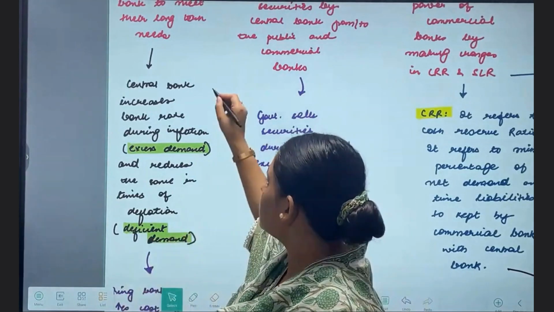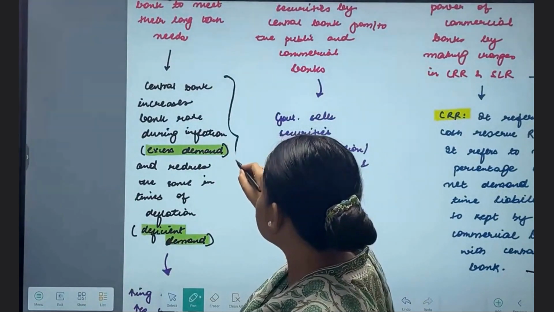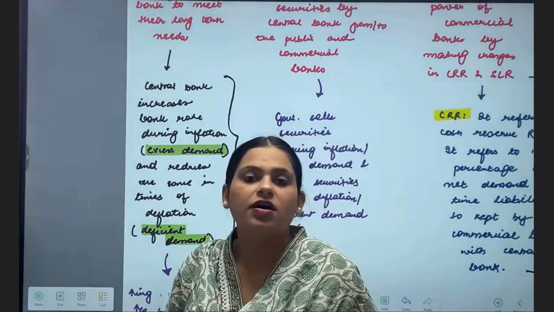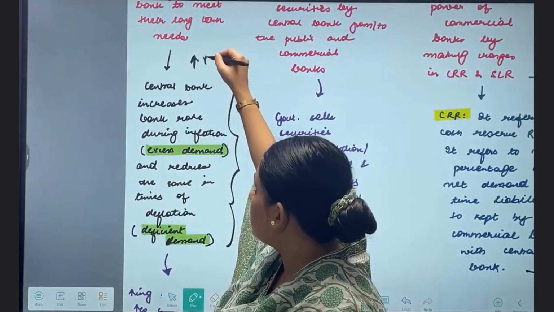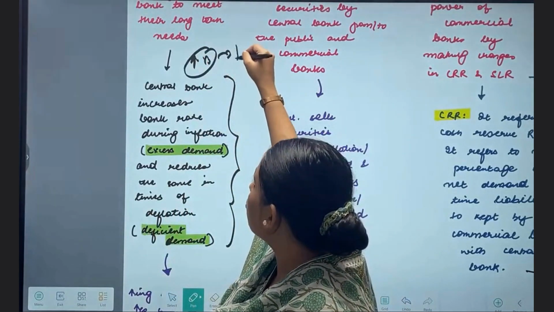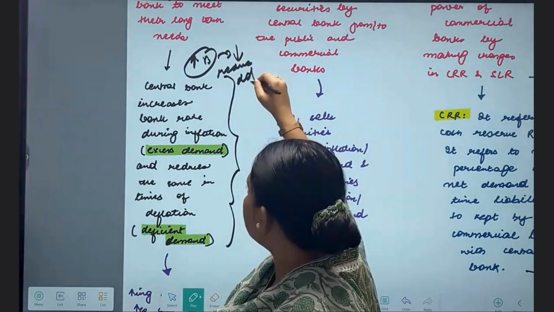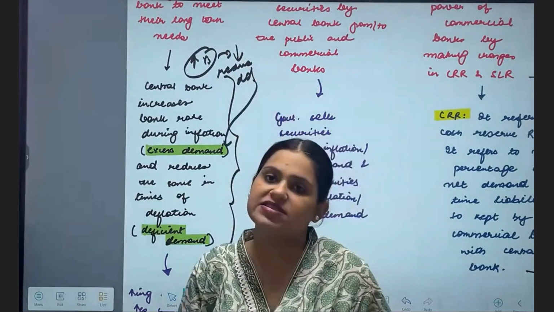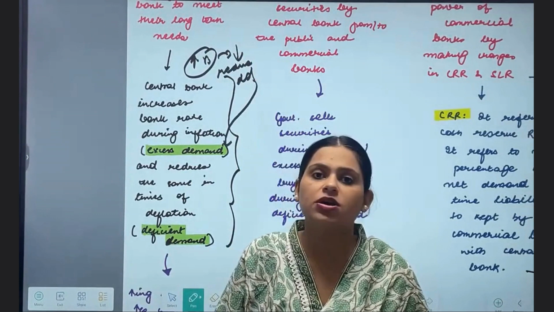So we can say that central bank can increase the bank rate only when they want to reduce the demand, and they want to reduce the demand only in case of excess demand. Only when there is excessive inflation in the economy.